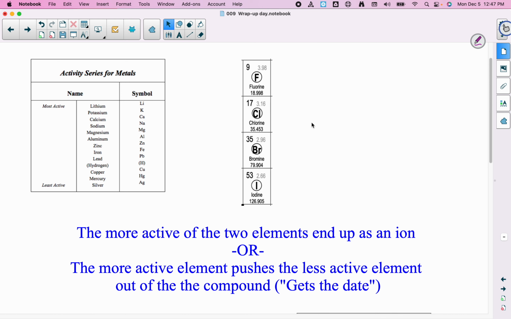One way to look at the activity series is that the more active of the two elements will be an ion when the reaction is complete. When we looked at silver, which is at the bottom, and copper, which is two steps up from the silver, the reaction was going to be done when the more active of the two elements ends up as an ion.